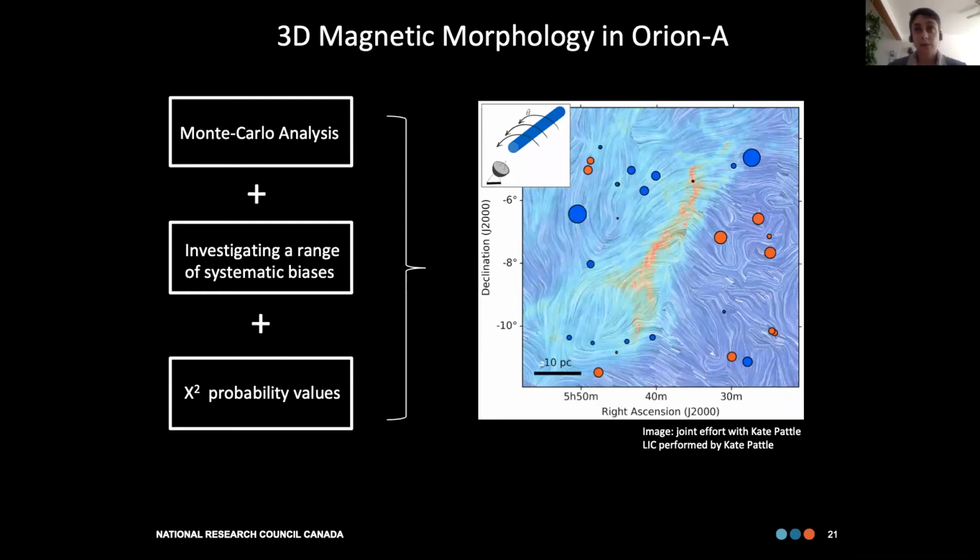We concluded that toroidal is the least probable morphology to explain the magnetic field here in the Orion-A region, and the bow-shaped morphology is the most probable case that can explain the reversal.